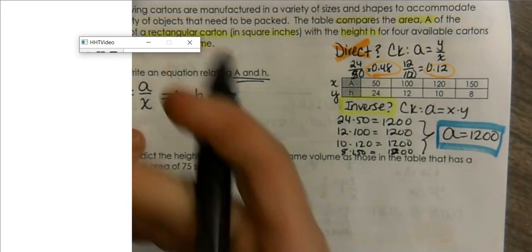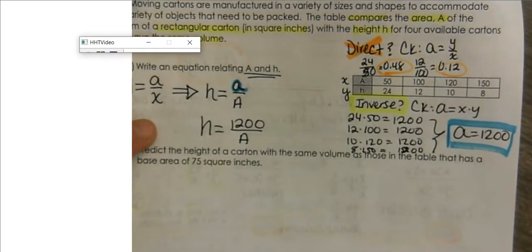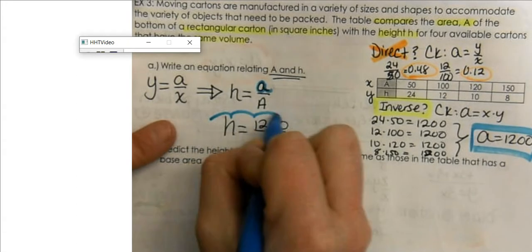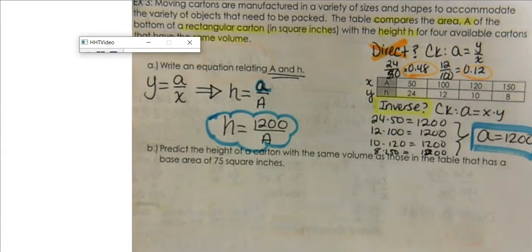So that's going to be H is equal to 1200 divided by capital A. And that is my equation relating H and A.